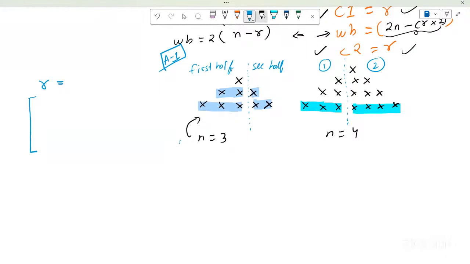Can I say that before printing a star, I need to print white space? Correct. So you need white space. Can I say that if I'm splitting into two halves, there is C1 and C2?